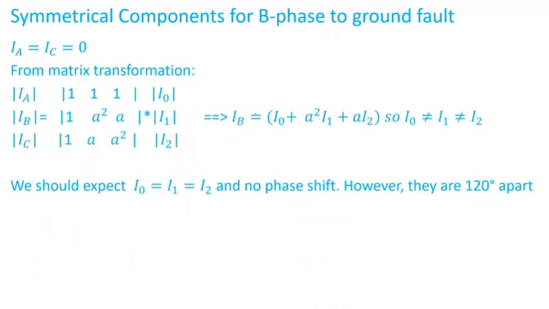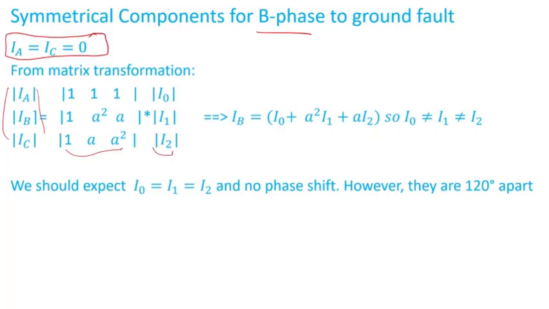Now what happens if the fault is on phase B to ground, not phase A? So we would assume phase A and phase C would be equal to 0. If I do the same matrix as the previous slide, this is the vector of phase currents, phase A, phase B, phase C, matrix A. I'm not changing anything.